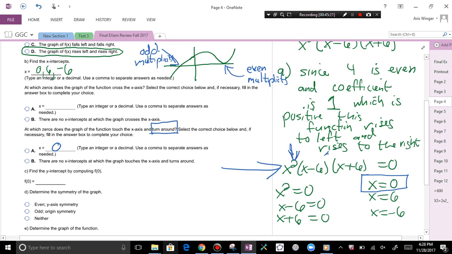The power on this term here is 1, and 1 is odd, and so 6 is going to flat out cross through. The function crosses through the x-axis at 6, and for the same reason, it's going to cross through the x-axis at -6.